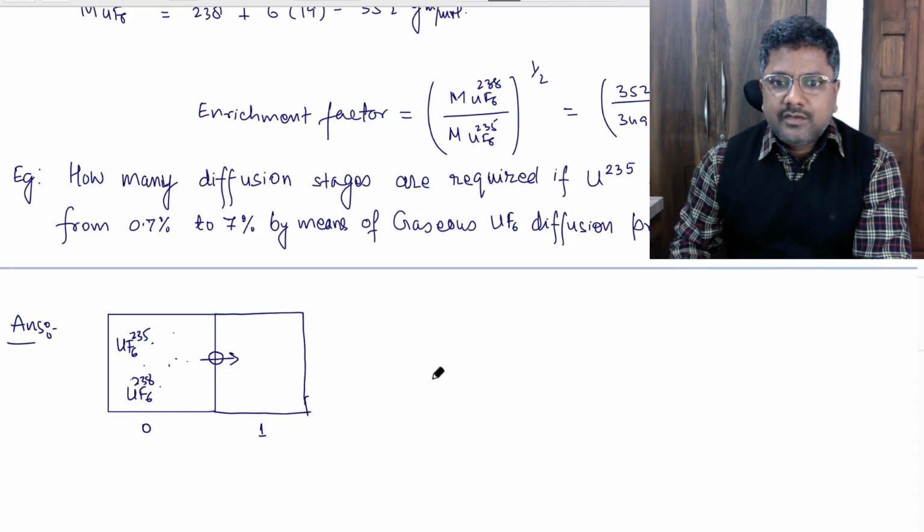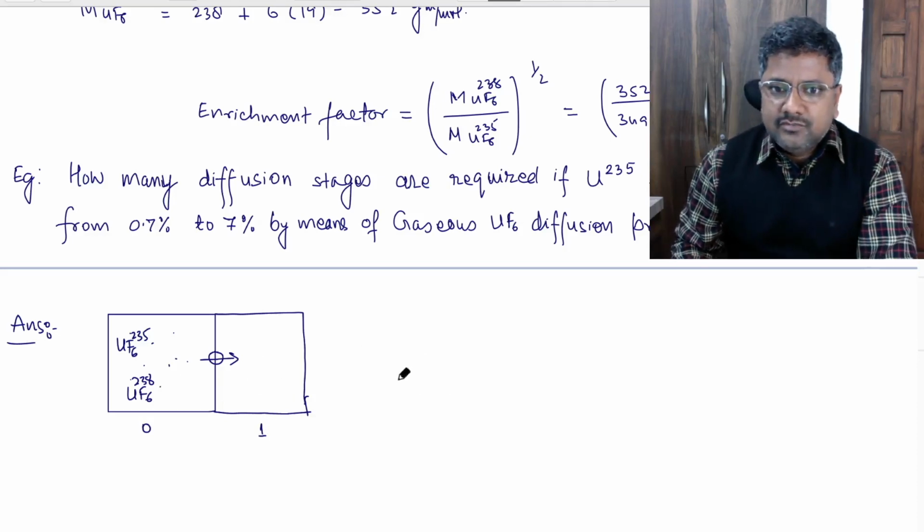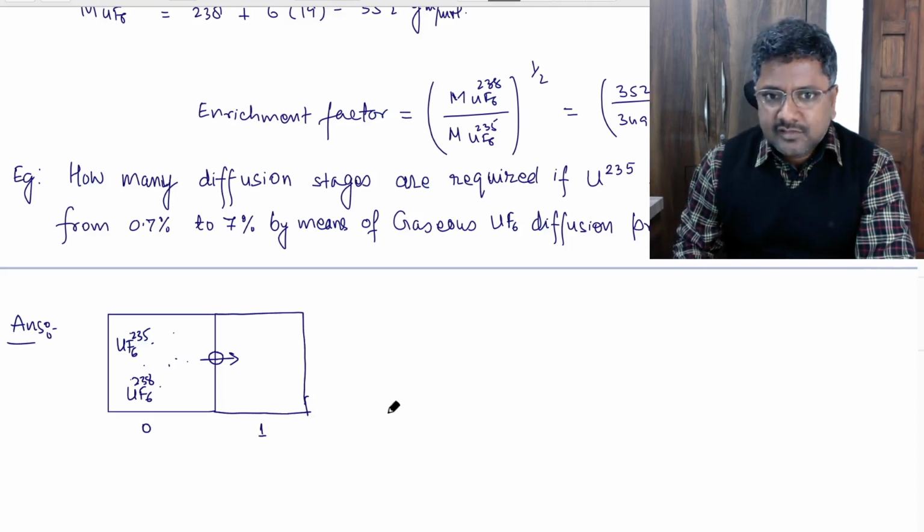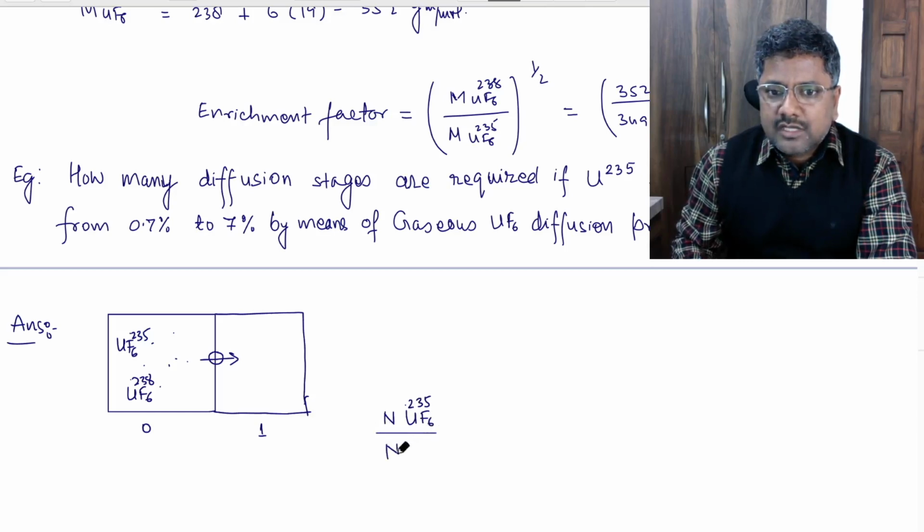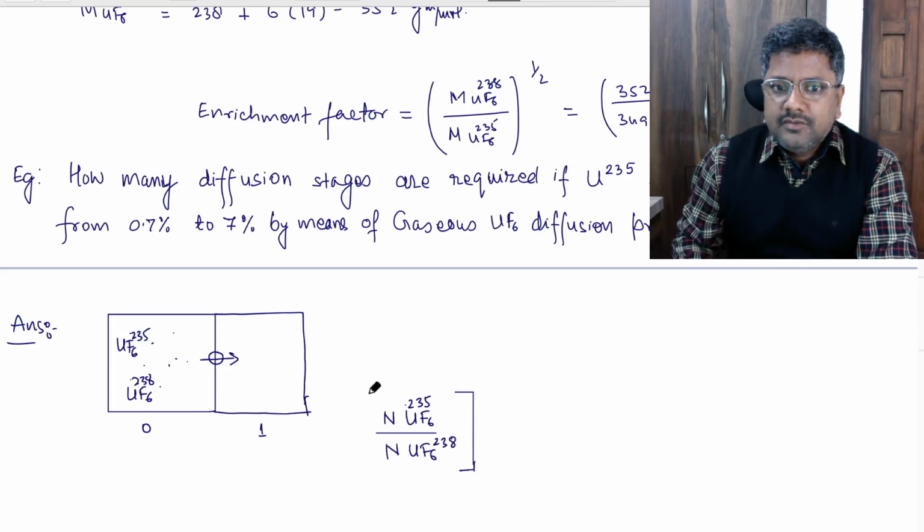So we can see that moles of UF6 235 by moles of UF6 238 diffused out in step 1.